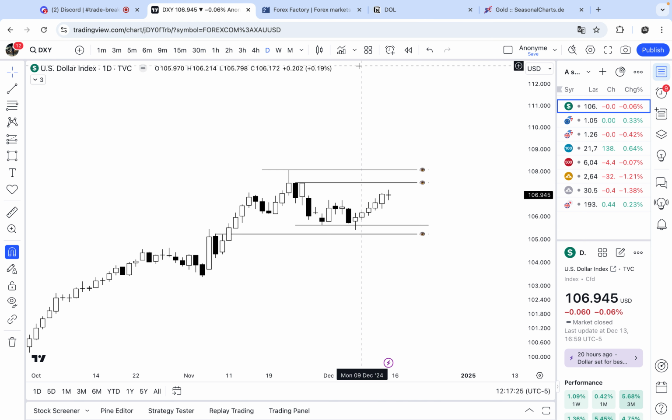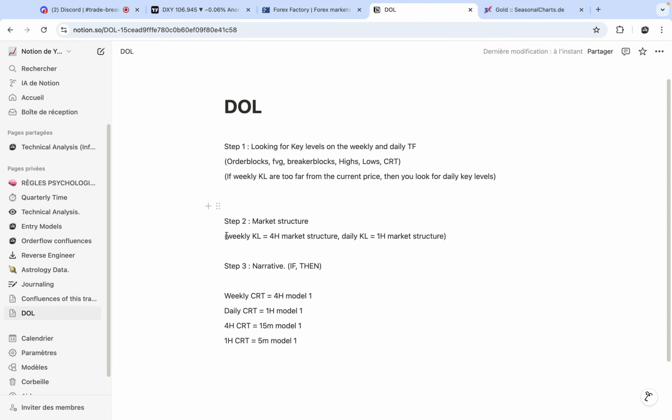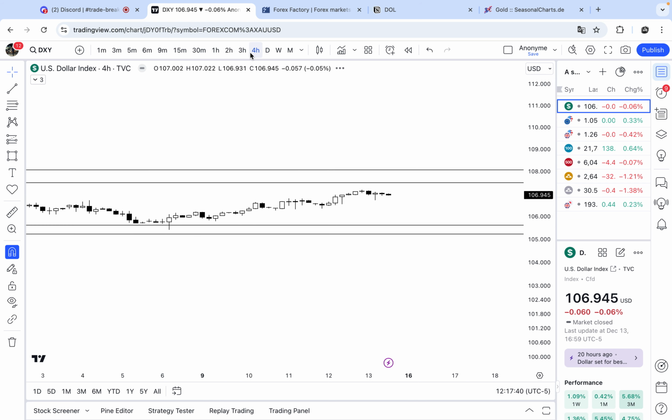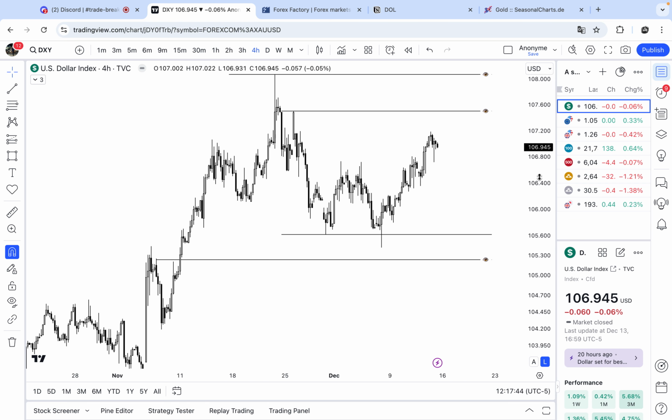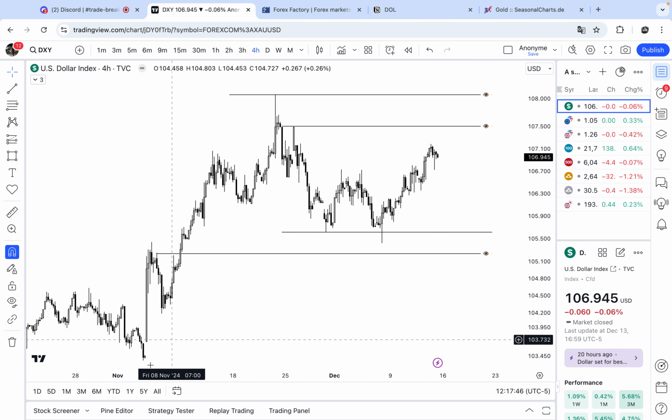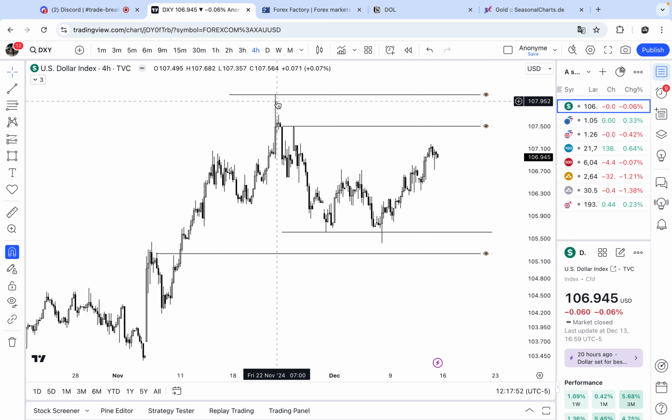Now, weekly key levels equals 4-hour market structure. We're looking at market structure. What can we see here then? Okay, starting from here. So low, high, low, high, low, high.